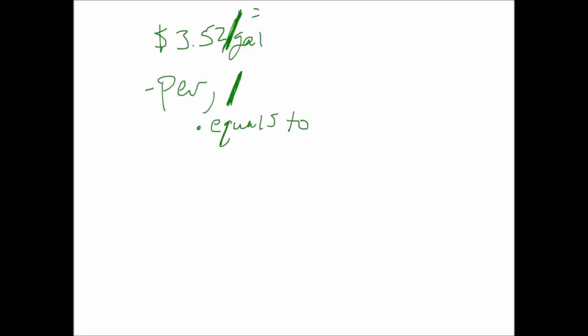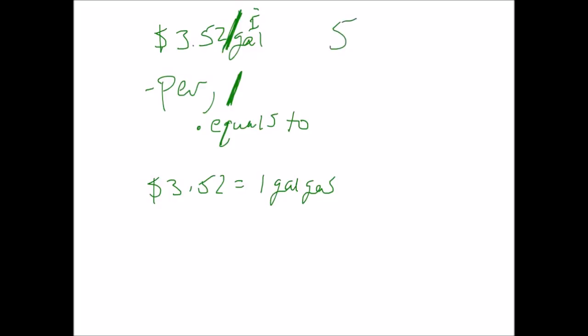So $3.52 is equal to 1 gallon of gas. On the other side of this per symbol up here is the number 1. It's always 1 of that other unit.